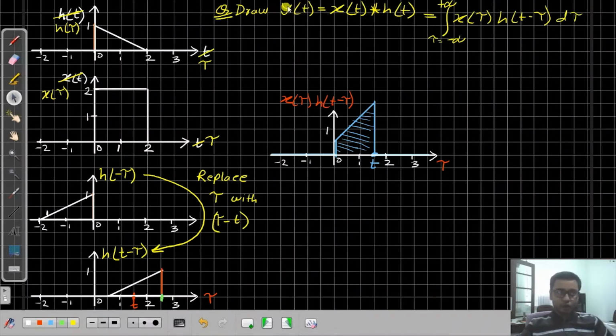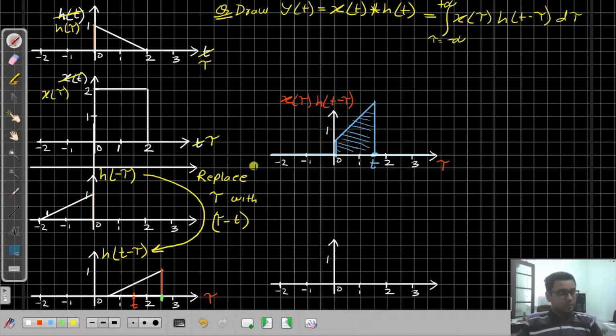Let us draw y(t) now. Let me draw y(t) here as a function of time t.